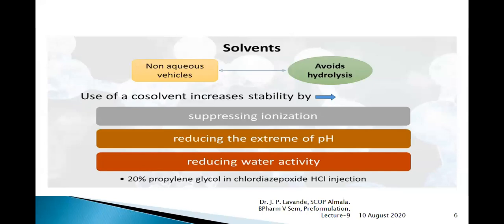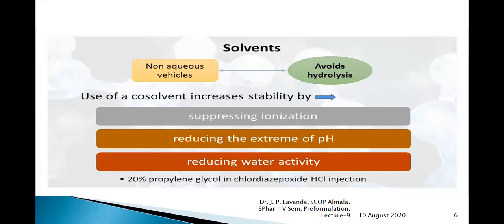Now, if we want to study the solvent as a factor responsible for the process of hydrolysis, using non-aqueous vehicles will avoid hydrolysis. Sometimes it is advisable to use co-solvents, which increase the stability.